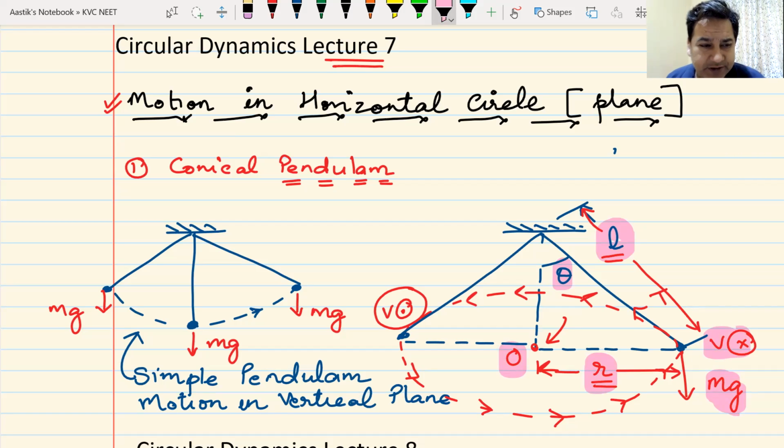We had found relations between these quantities, and we had seen an example of what type of questions can come.